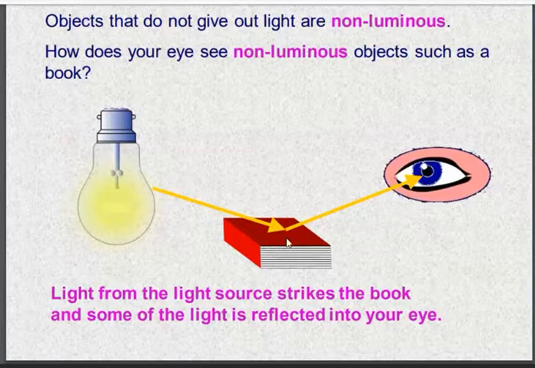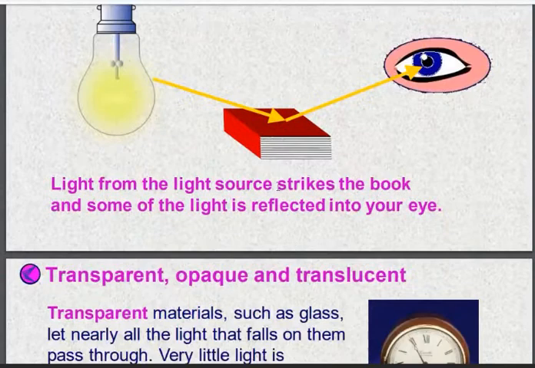Why? Because in order to complete the process of vision, there must be a source of light that could illuminate the book, and then the book will reflect that ray of light to the eyes, and then vision will be completed. That's why at night one has to light up a candle or any other source of light to see the things in the room.